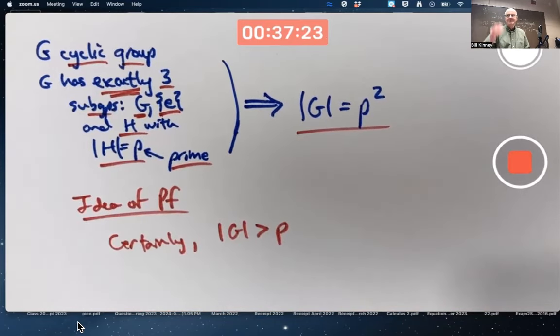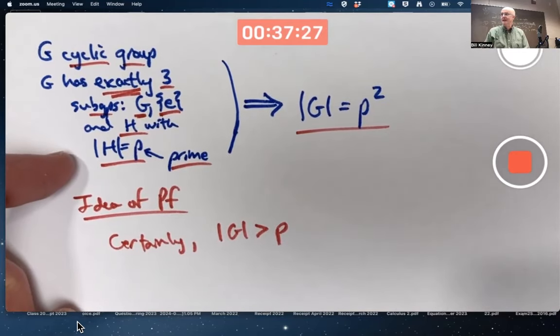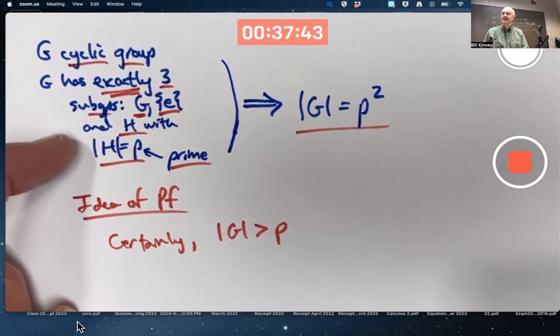Moreover, since the order of H equals P, P has to divide the order of G, right? Because in cyclic groups, for each divisor of the order of the cyclic group, you're going to have a subgroup of that order. And also if you have a subgroup of that order, it's going to divide the order of the cyclic group.